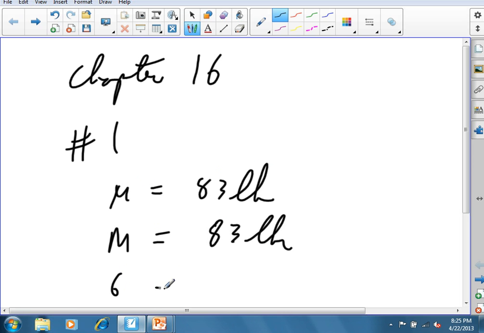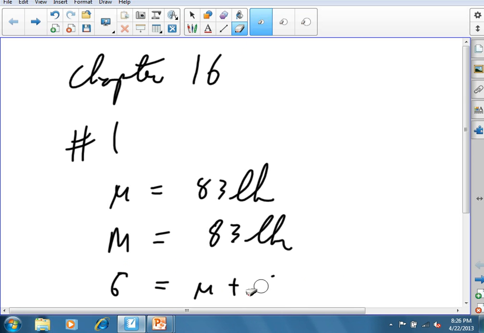The standard deviation is the mean plus 0.675 times, no. Write down the answer, it's given to you. 90 pounds.